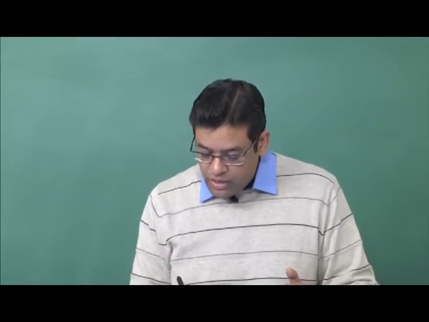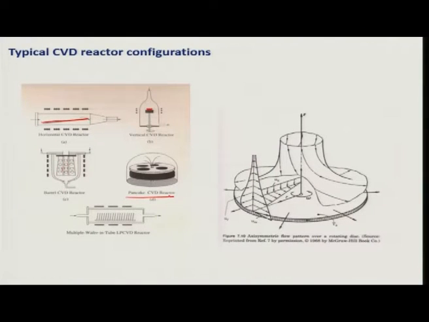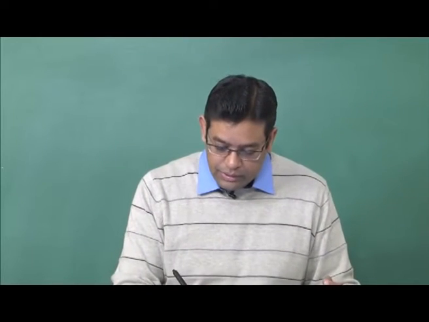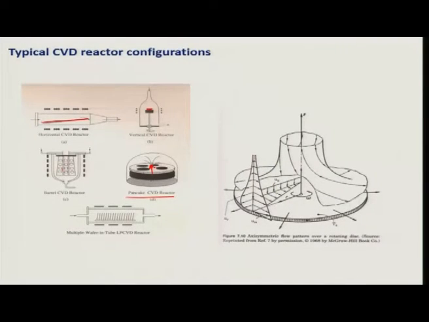Okay. You can also have a pancake CVD reactor where your substrate holder is horizontal and it may also rotate, and the gases come from the bottom and flow evenly across. You can also have a multiple wafer in tube reactor which is horizontal, and you can stack your substrates one after another, and this is a horizontal reactor.